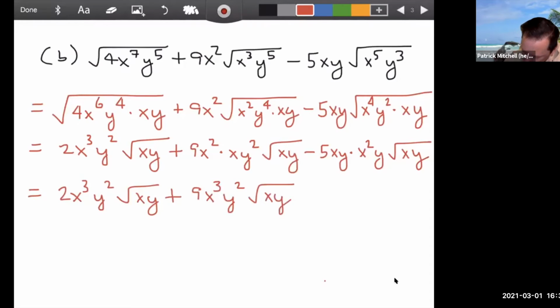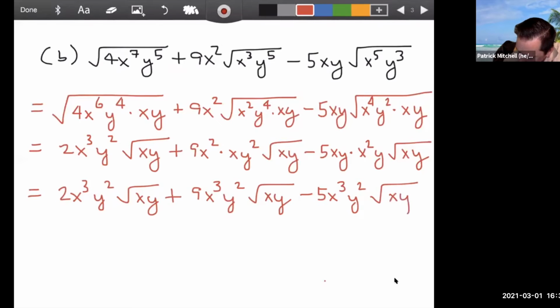That's nice. Notice that everything about those two terms is the same except for the 2 and the 9, right? And I think that's also what's going to happen in this third term. 5xy times x squared y is 5x cubed y squared.